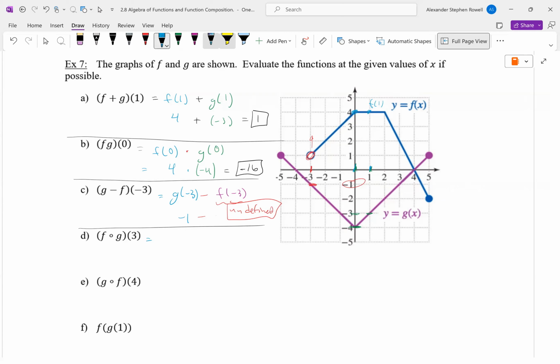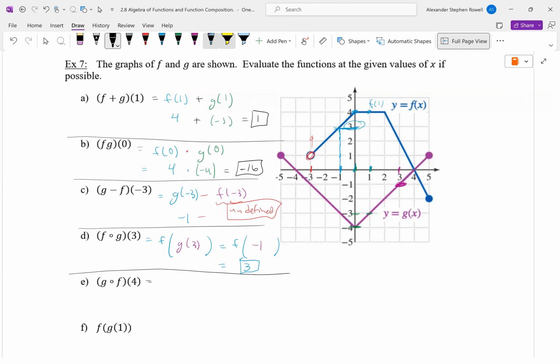All right, lastly, we have f composed of g of 3. So what is g of 3 equal to? g of 3, that's right, is negative 1. What's f of negative 1? So if I go x is negative 1, what's the height of my f function here? 3.